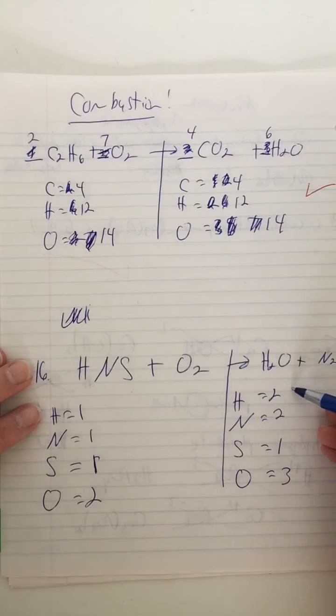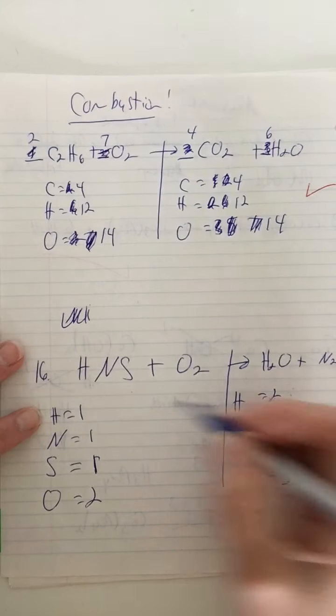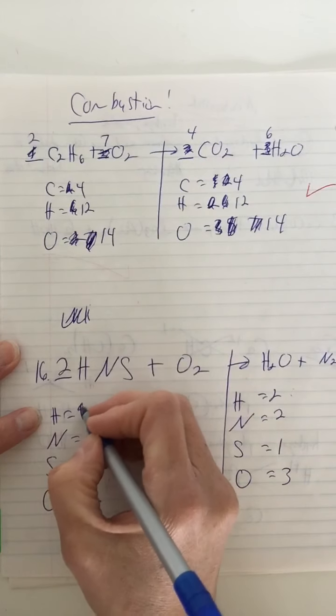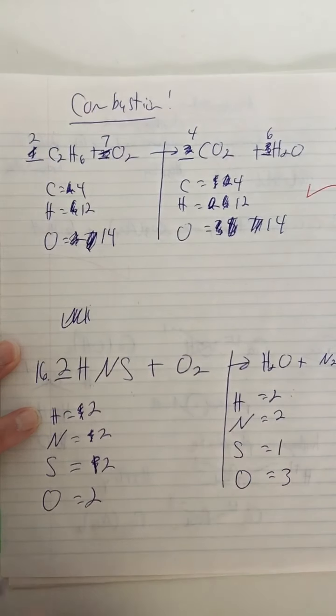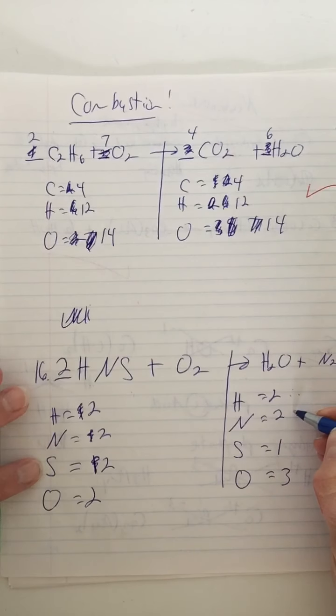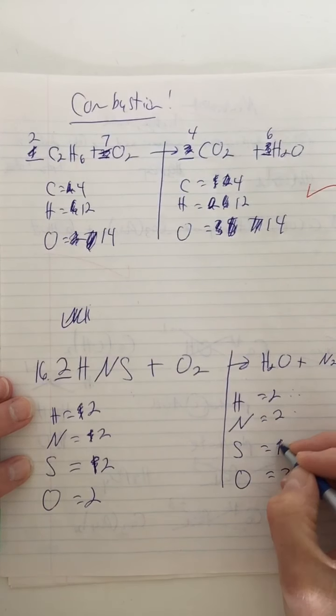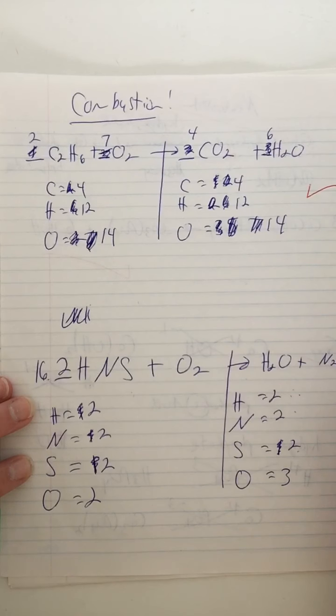So hydrogens, I've got 2 here and 1 here. I better put a 2 here. That changes everybody here to 2. These guys are good. Sulfur: I've got 1 on this side and 2 on this side, so I better put a 2 here. That changes my sulfur to 2. Also changes my oxygen to 2 times 2 is 4, plus 1 is 5.